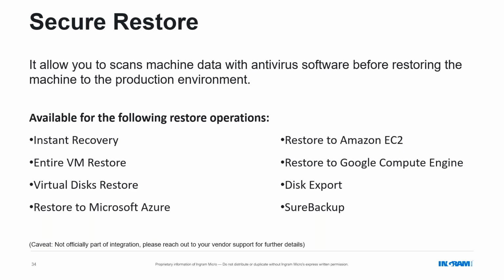And as you see, there are a lot of restore options that Veeam can do: instant recovery, entire VM restore, virtual disk restore, restore to, let's say, a cloud, exporting a disk, or even using SureBackup. You're able to leverage the capability of an antivirus software to scan the machine data.